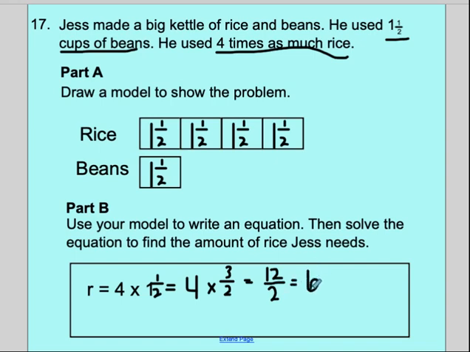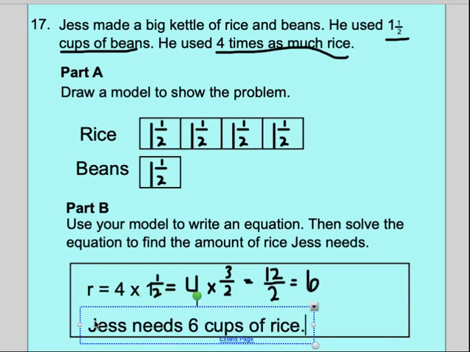All right, so Jess needs 6 cups of rice. Make sure you put your sentence on there. Don't just leave it like this. Okay, make sure you have your answer as specific as you can.